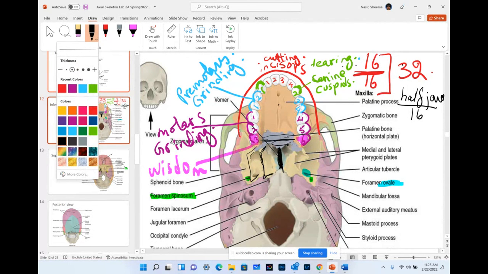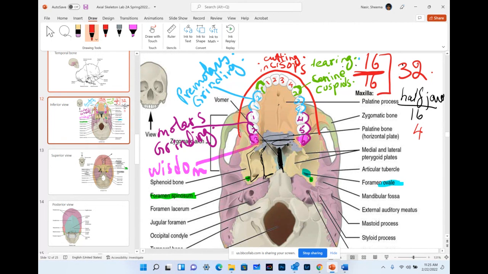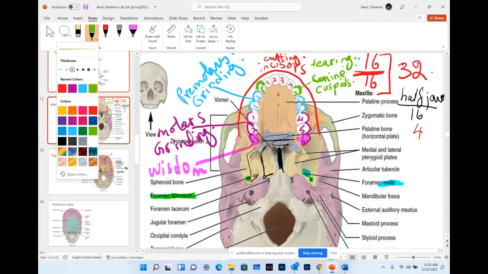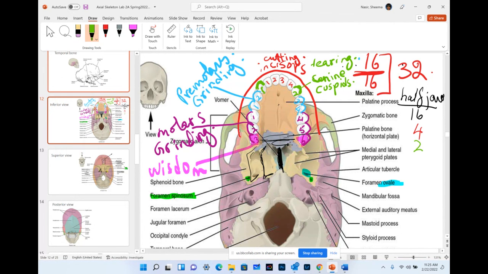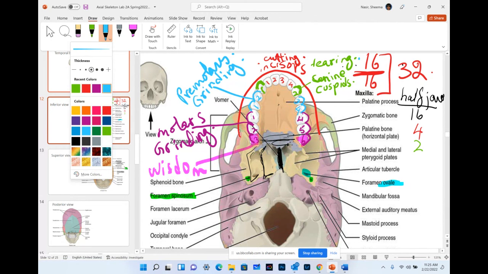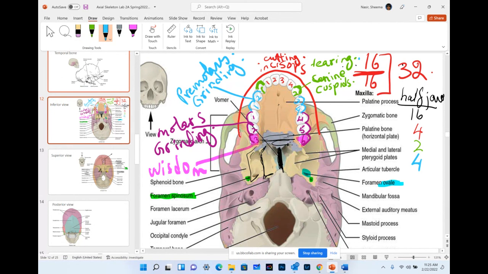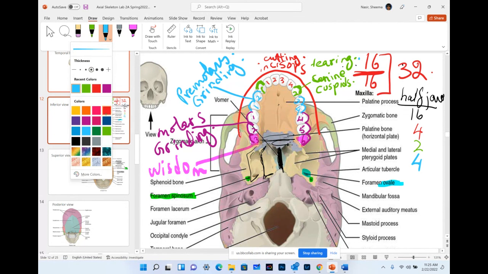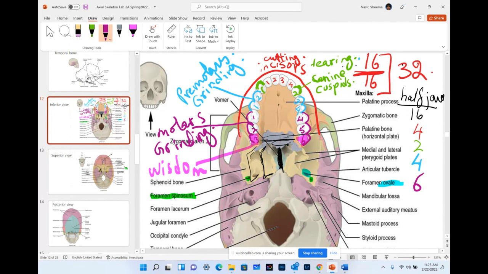So we are going to see if it adds up to 16. Incisors are 4. The next is your canines, which are 2. Premolars are 4. And molars are 6.